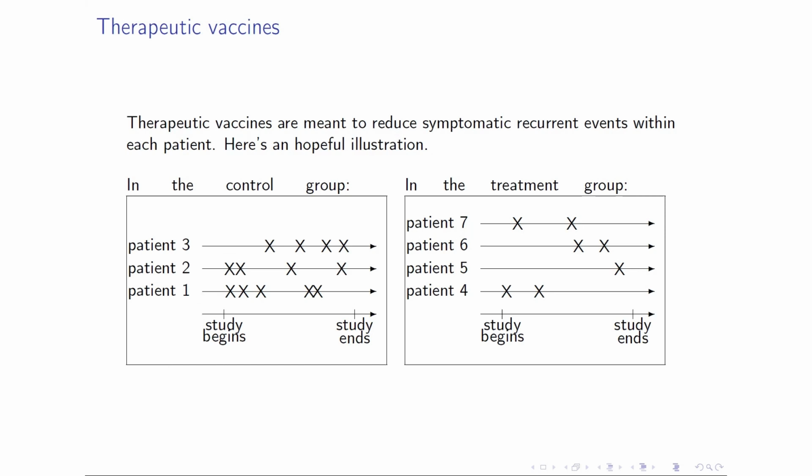They may have recurrent observations, for example, recurrent exacerbations of the same illness. I may have crises over time. The vaccine is efficient in the treatment group if we decrease the frequency of infections within each patient. So we have recurrent events here.